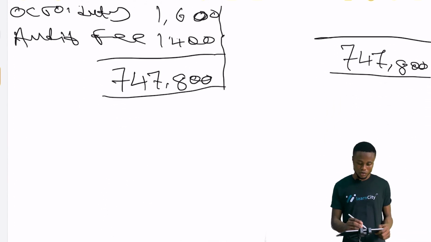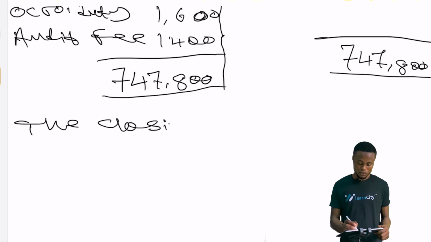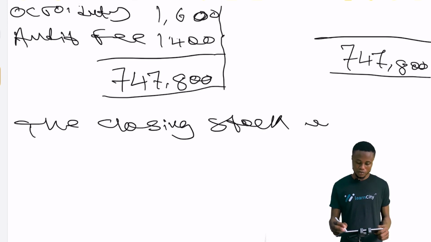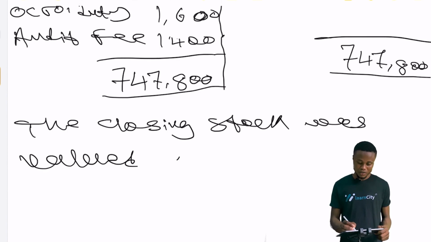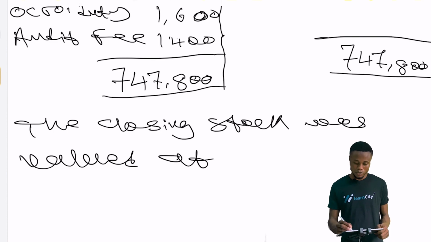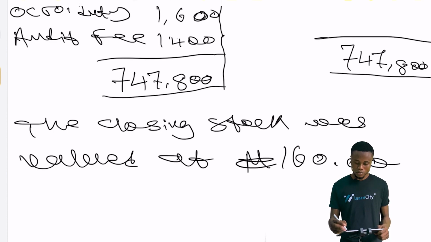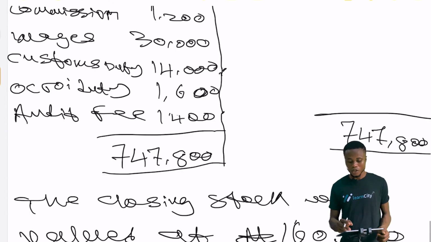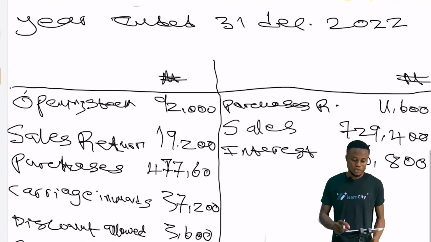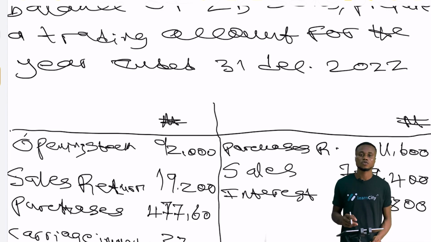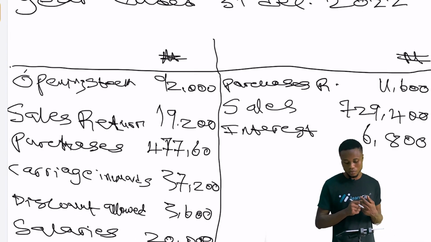The closing stock for ZB Sons was valued at 160,000 naira. So this is the question we are going to solve in relation to trading accounts.